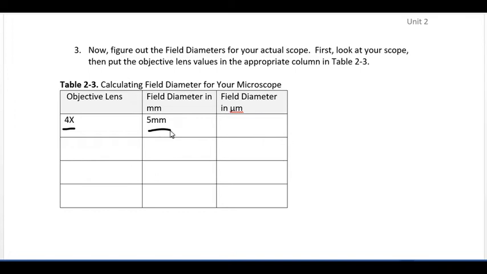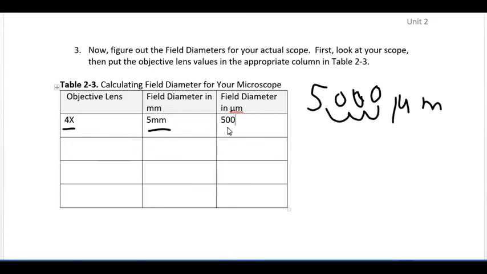So before we move on to the calculations, I just want to remind you on conversion. So when you're going from millimeters to micrometers, and I'm going to use this as an example, I would simply move 3 spaces over to the right. Zero a little better there, and that would be my micrometers. So I'm going to go ahead and type that in here just so it'll look a little bit prettier.